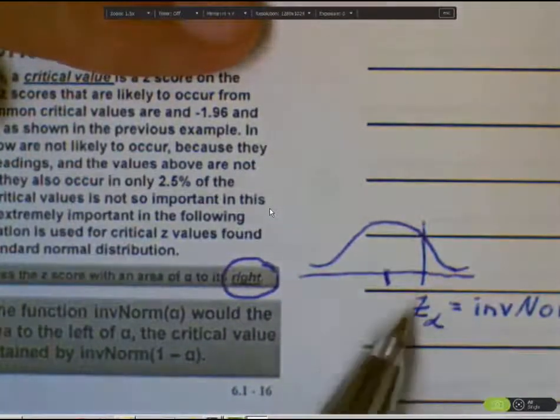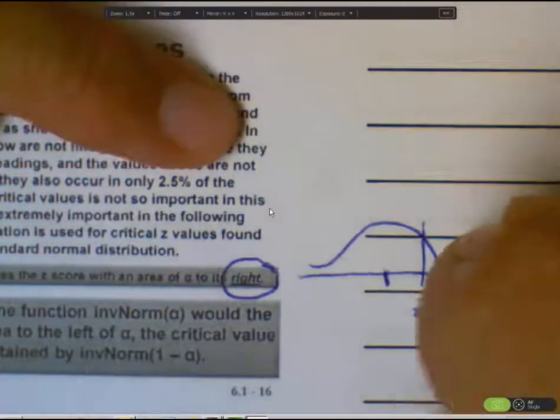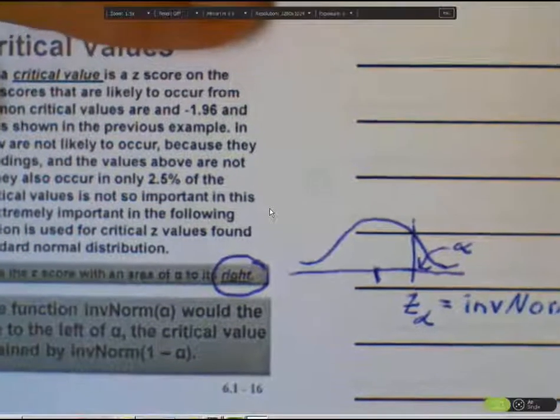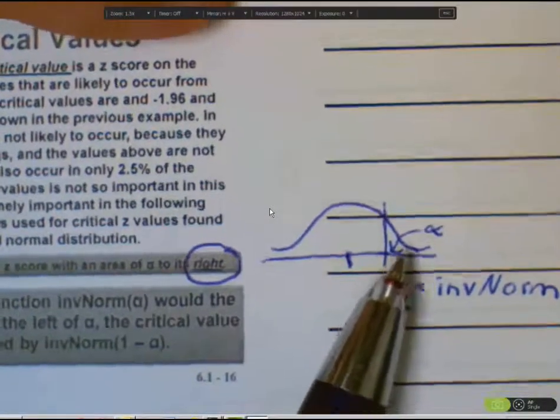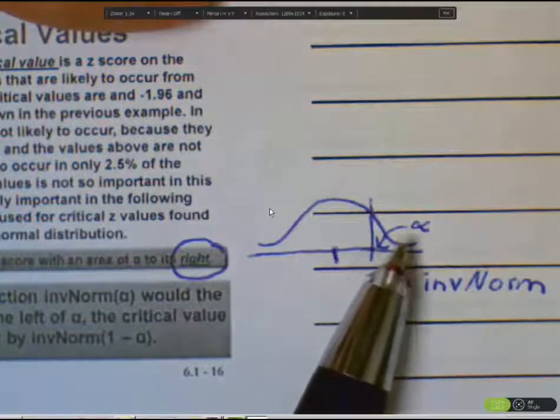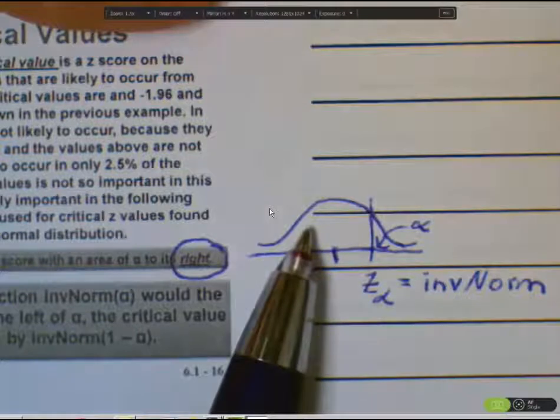But the definition of Z sub alpha is the z-score that has an area of alpha to its right. Well, we just talked about inverse norm. When I use inverse norm, I can't enter the area to the right. I have to enter the area to the left.